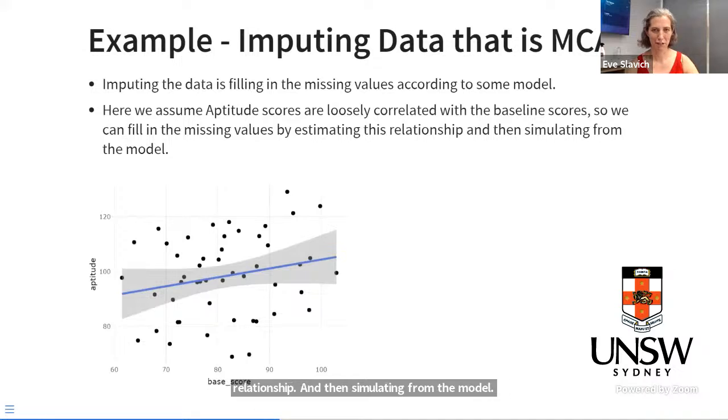So I've got a little graph that shows you this. There's a loose correlation between the baseline scores and aptitude. So if we knew someone's baseline score, we could simulate a value of their aptitude.